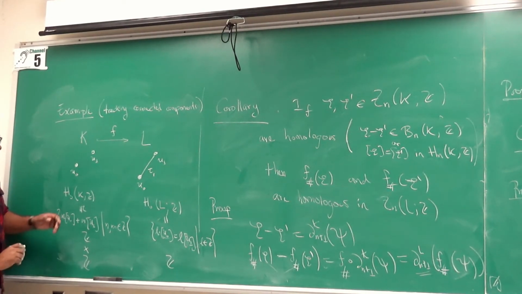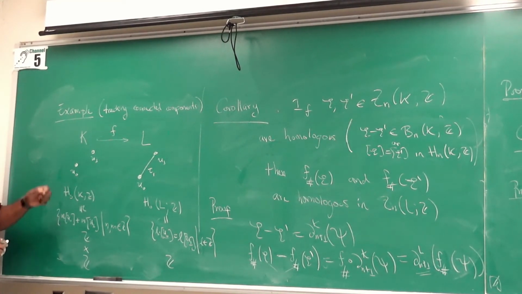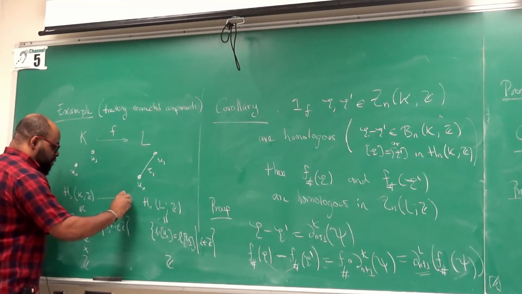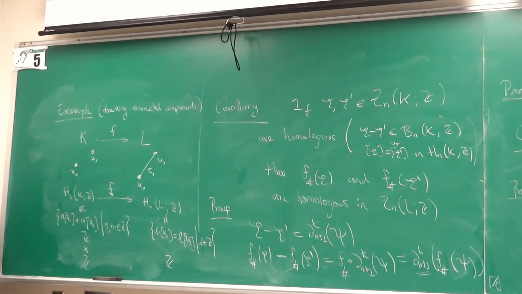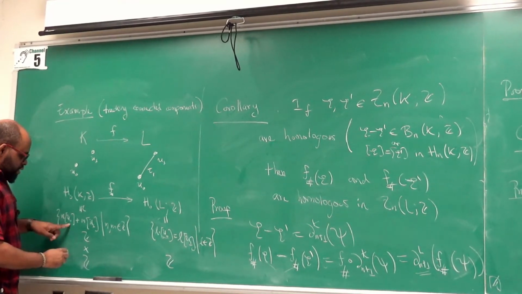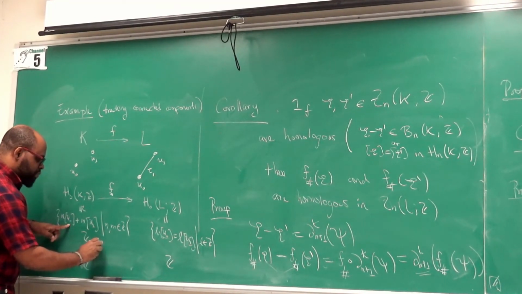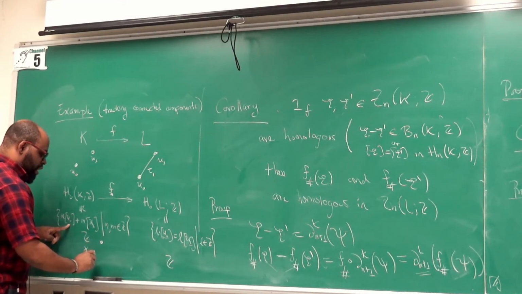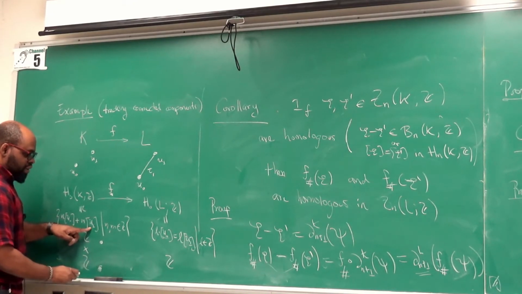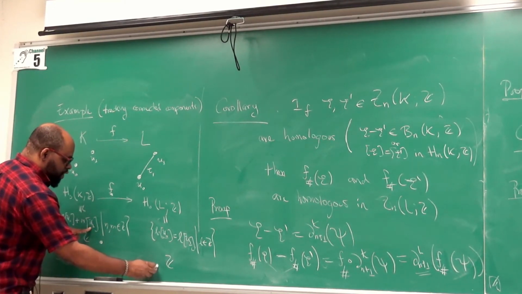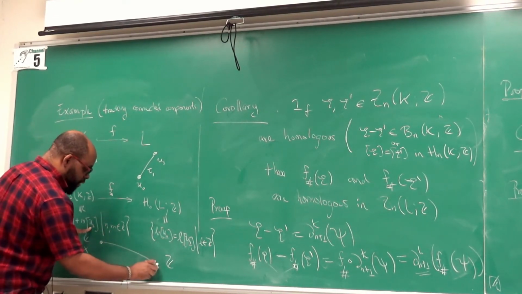So if you think about it, when I go from here to here using F star, what I'm doing is I'm sending the class of U0 to the class of U0, and I'm sending the class of U1 to the class of U0, which is exactly the same thing as the class of U1.